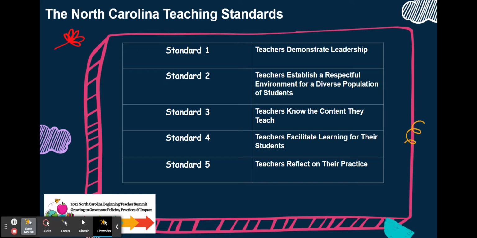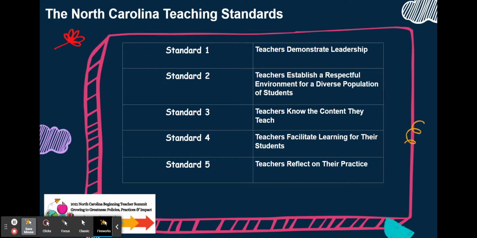Okay. Standard number 3 is teachers know the content they teach. This is what I call the curriculum standard, obviously, because it challenges you to be more intimate with the curriculum in which you teach, regardless of your area.